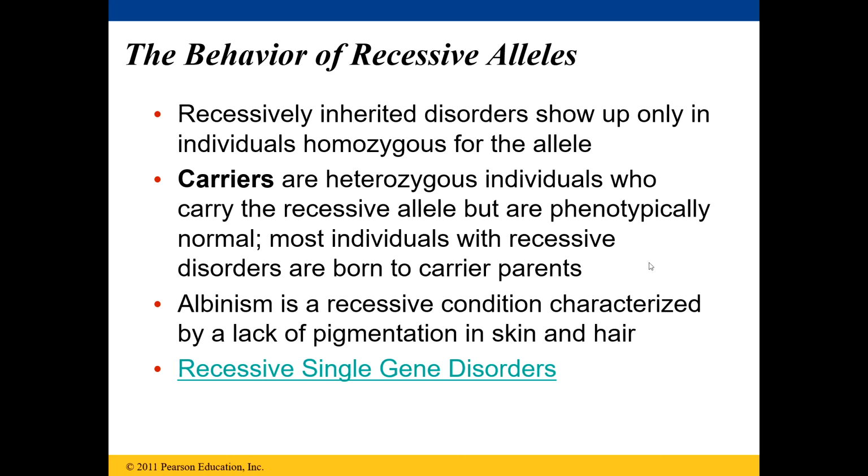That is, the parents are carriers, they have a faulty allele, but they don't know it because they appear to be normal. And all of a sudden they end up with a kid who's, say, albino. So albinism is an example of a recessive condition. And that will show up again. Usually normal pigmented parents all of a sudden have an albino child, didn't know they were carriers. Here's how this is inherited.